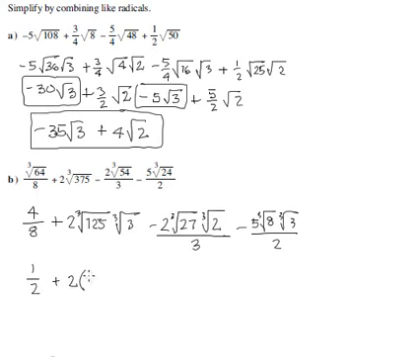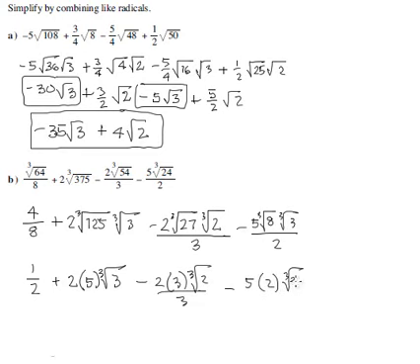So we have 2 times the cube root of 125 is 5, cube root 3, minus 2 times the cube root of 27 is 3, cube root 2 all over 3. And then we have 5 times the cube root of 8 is 2, cube root 3 all over 2.